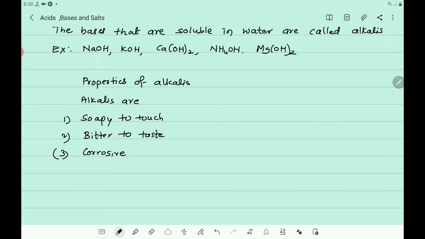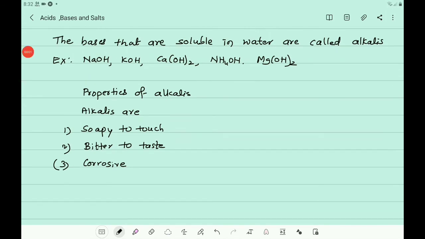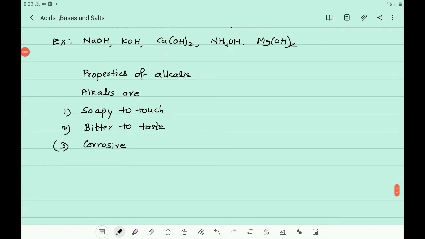First of all, they are bases which dissolve in water, and they are soapy to touch, bitter to taste and corrosive. So we have identified that all acids generate H plus aqueous ion and bases generate OH minus aqueous ion.